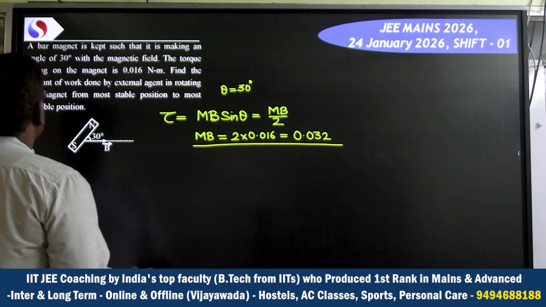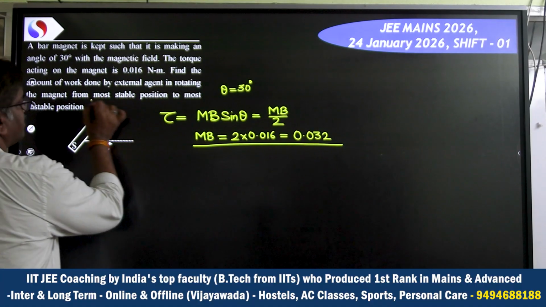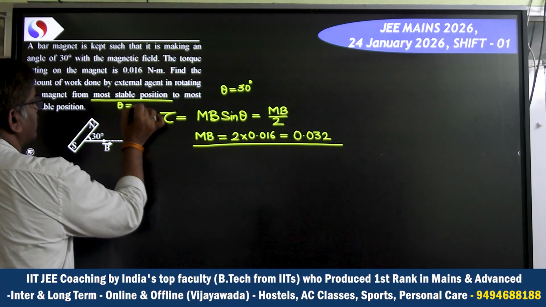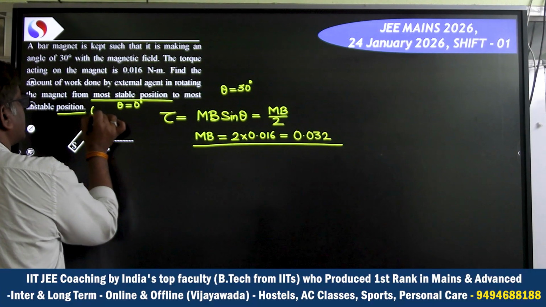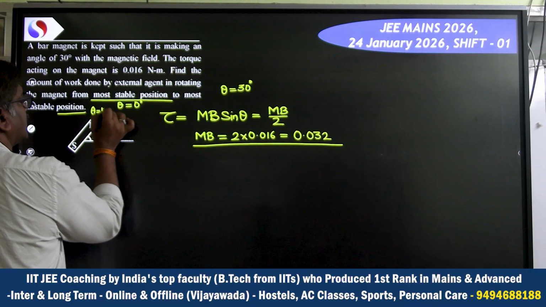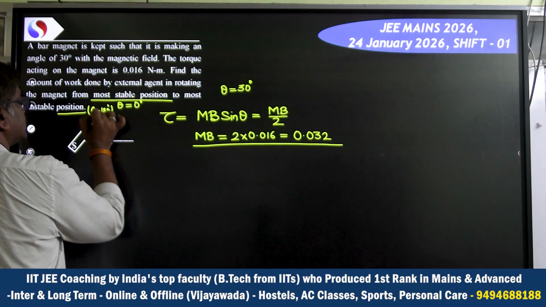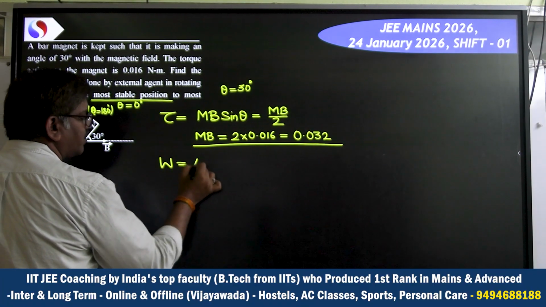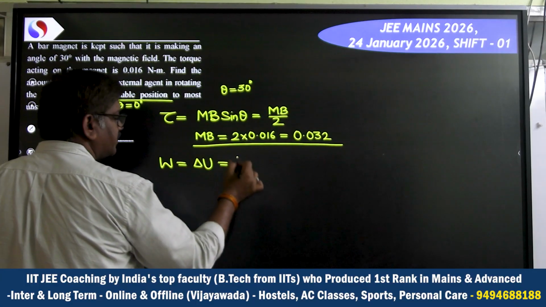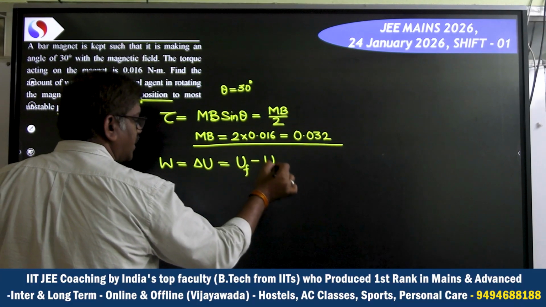Now they are saying that this magnet has to rotate from the most stable condition, meaning theta equals 0 degree, to the most unstable condition, that is theta equals 180 degree. We know the stable and unstable conditions. So to find out the work done, obviously it is going to be the change in potential energy, which is final minus initial.